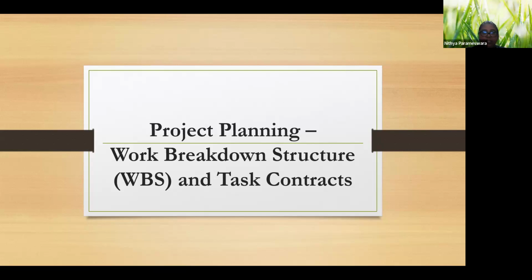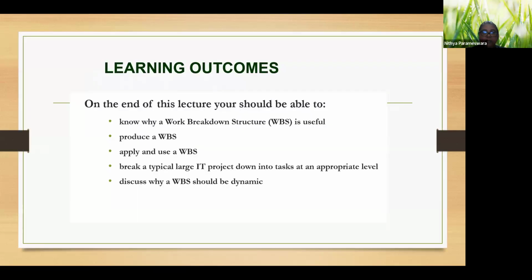So in this lecture, you will be able to know why we use a work breakdown structure, what the purpose of it is, how we produce it, how we apply and use it, and how we can break down a typical project into tasks at an appropriate level. And we need to discuss why a WBS needs to be dynamic in nature.